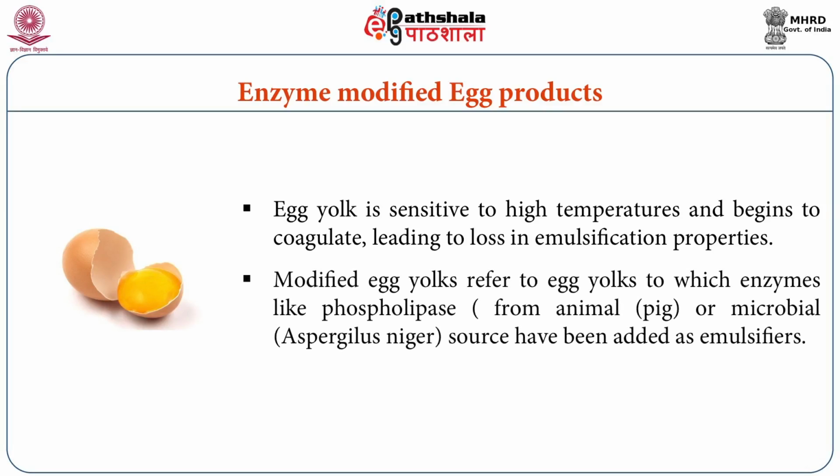So, now modified egg yolks refer to egg yolks to which enzymes like phospholipase, which may be from an animal source like pig, or from a microbial source like Aspergillus niger, are added as emulsifiers.